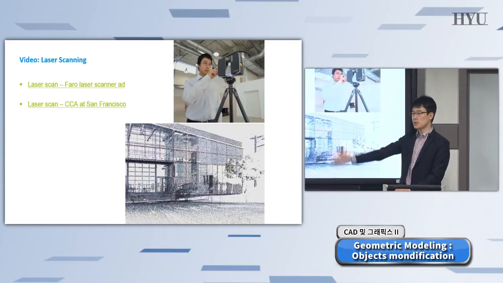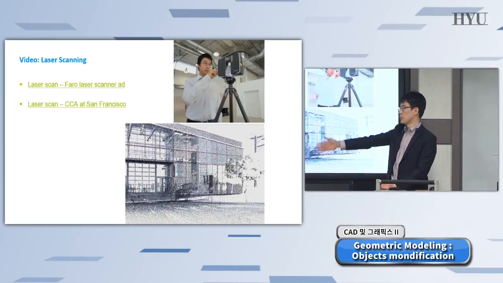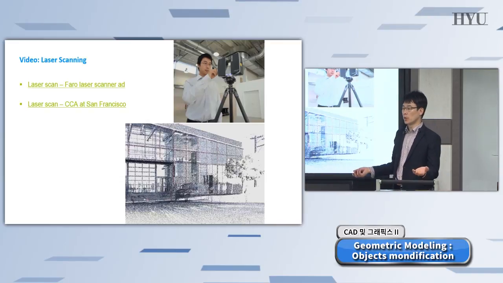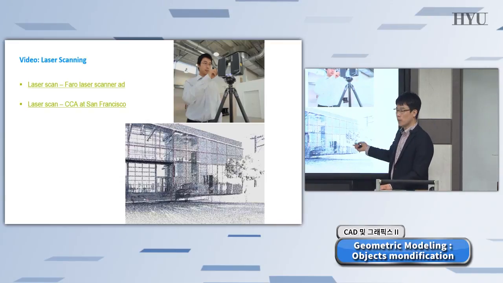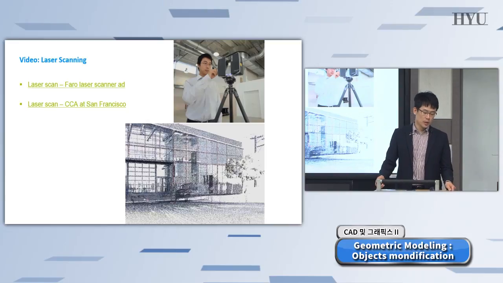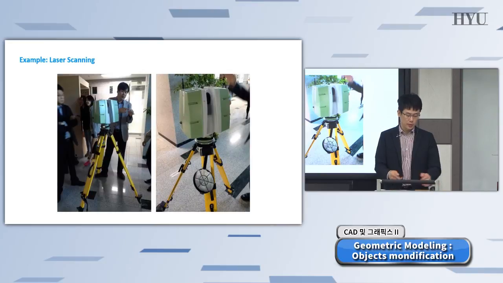One slice of this plane is going to be collected, and then another axis-based 360 degrees, in order to collect all the points of the environment. So that is really powerful for existing building acquisition, geometry acquisition, for building reconstruction, remodeling, renovation, and so on, okay.